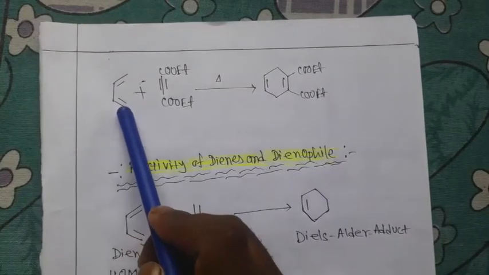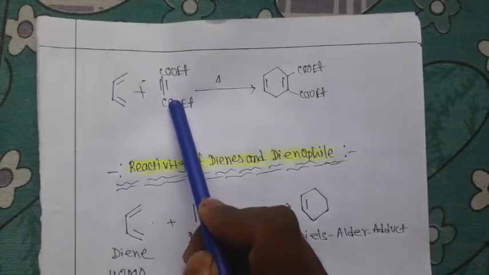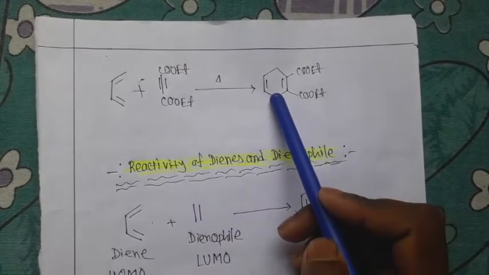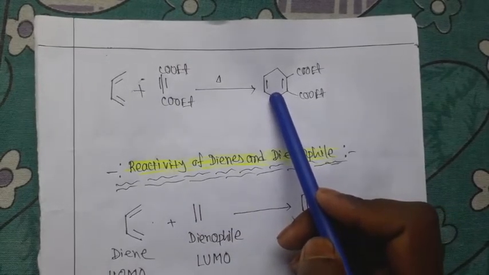And the reaction of butadiene with alkyne gives a cyclohexadiene derivative.